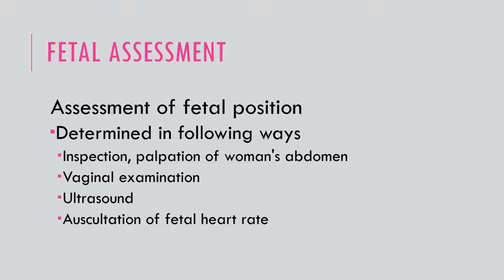There is also ultrasound, so we can look back at prenatal records for ultrasound information. And we can auscultate the fetal heart rate. Depending on where you have to put the ultrasound monitor on mom's belly can give you a clue as to how the baby is positioned in utero, anterior or posterior, or head down or breech.